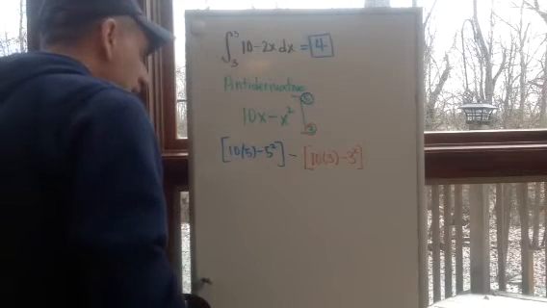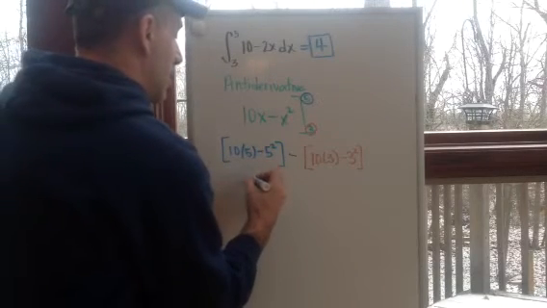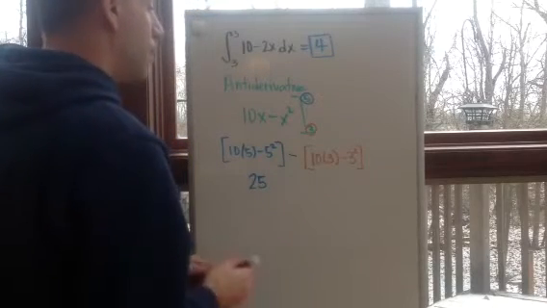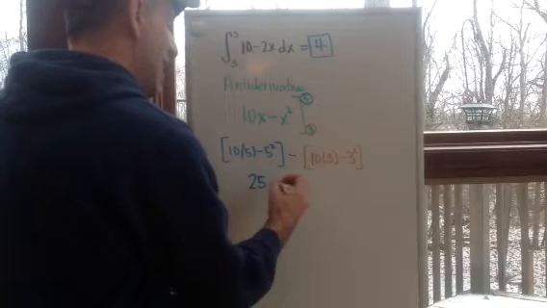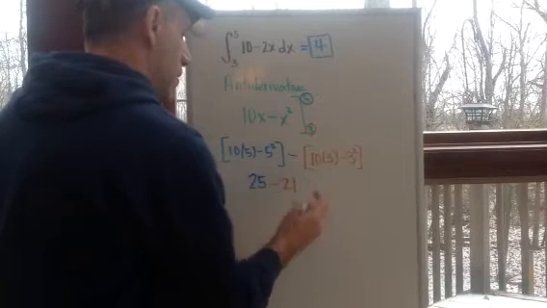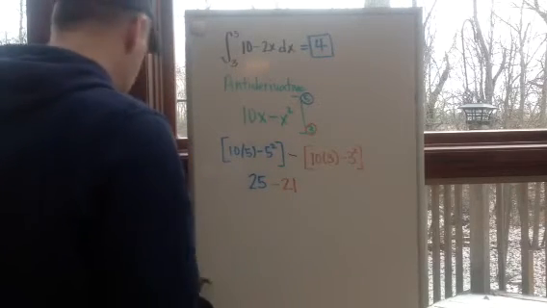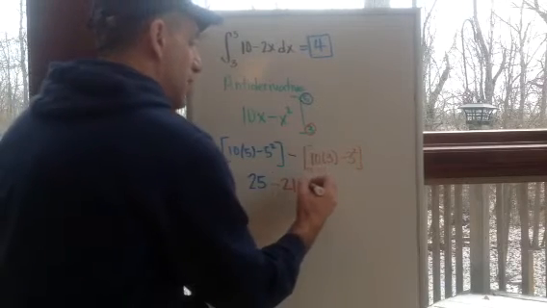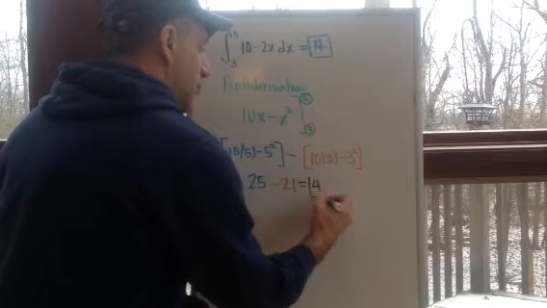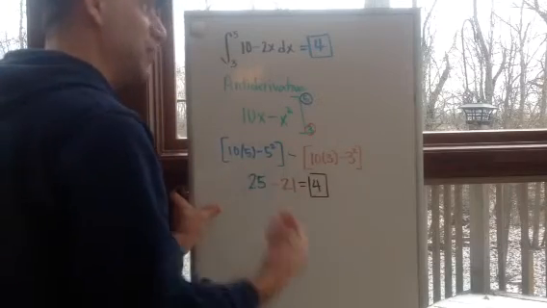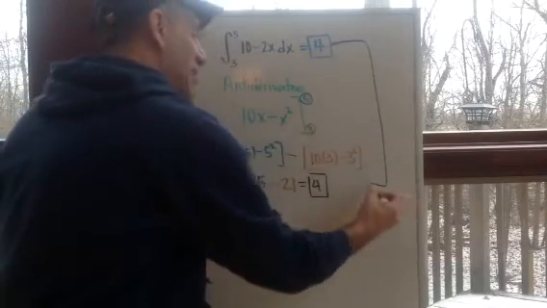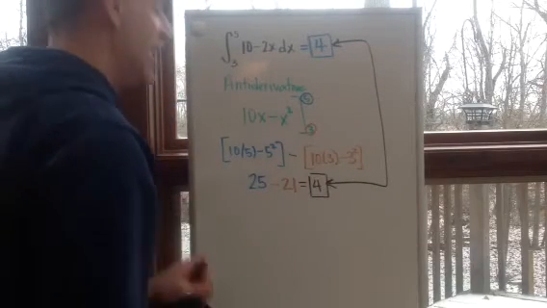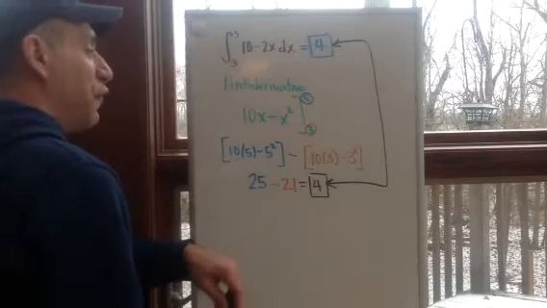So we're looking at 50 minus 25, that's going to be 25. 30 minus 9 here is going to be 21. And if you look at it, 25 minus 21 is 4. It's a shocking result. It's exactly the same as you came up with when you used the area formula. It works. Okay? You get an answer here of 4.